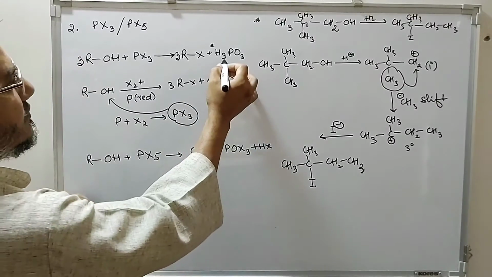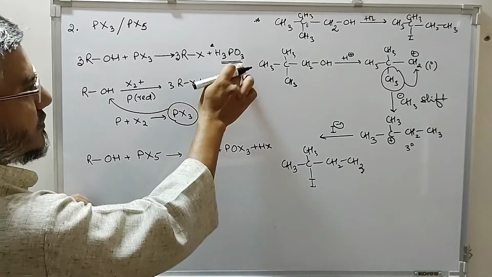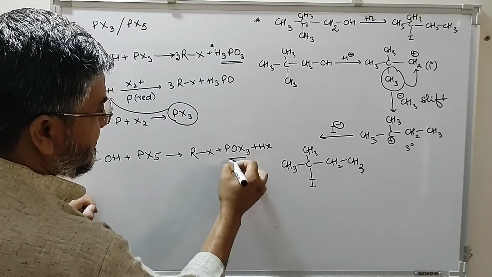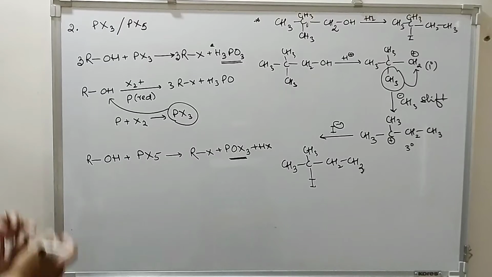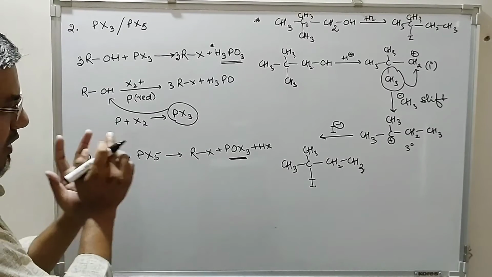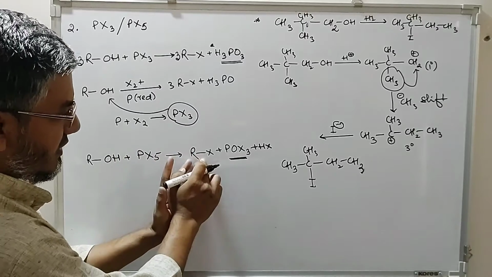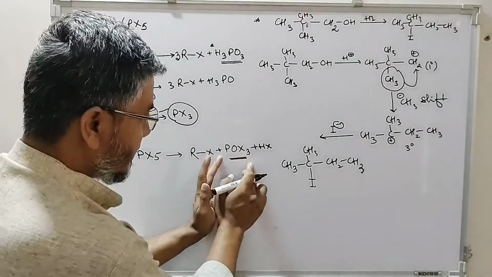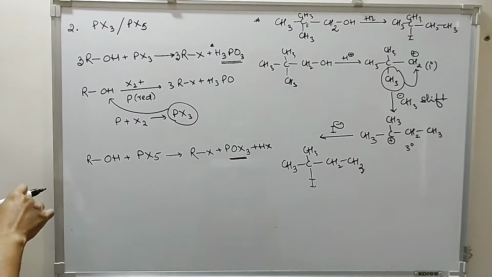So look at this, there is a difference in side product. With PX3, phosphorus acid is formed. With PX5, phosphorus oxyhalide is formed. So 1 mole of alcohol reacts with 1 mole of PX5 to give you 1 mole of alkyl halide, 1 mole of POX3 and HX. So this is the reaction.